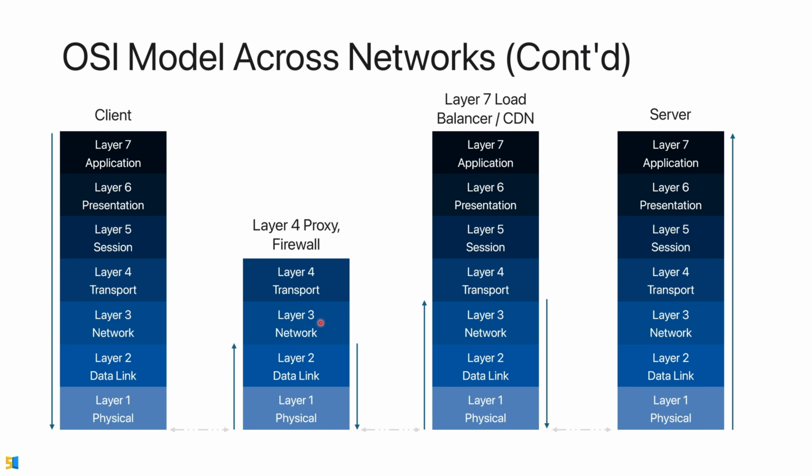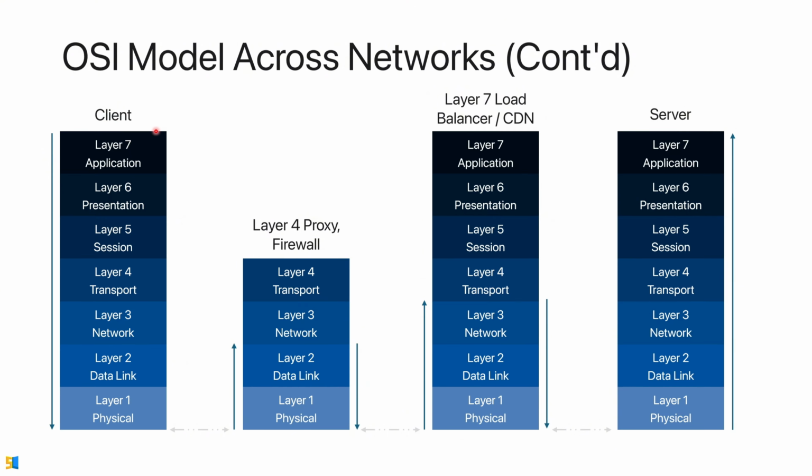If it needs to load balance based on the URL path, and CDN definitely needs to know the URL path because it caches based on the URL path and the header. So CDN is definitely a layer 7 service, and some load balancers are also layer 7 services, right?